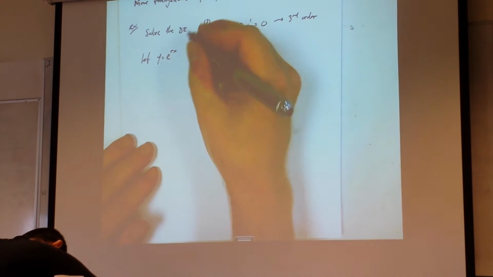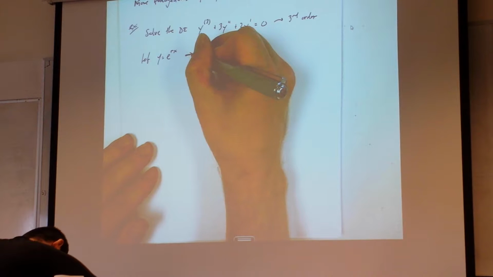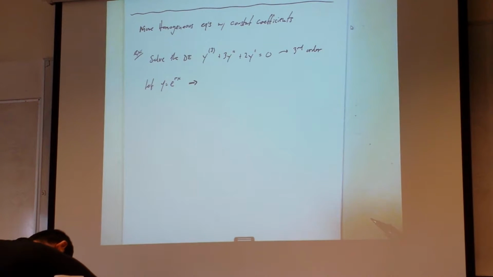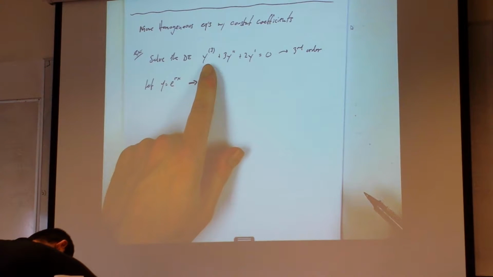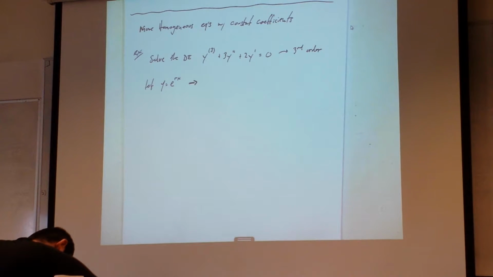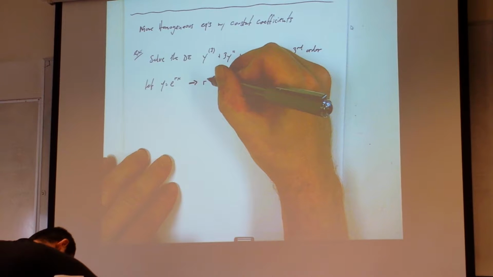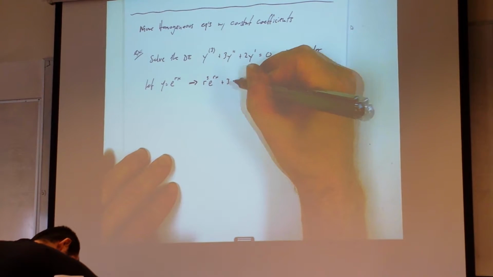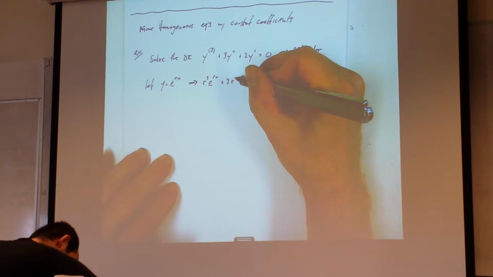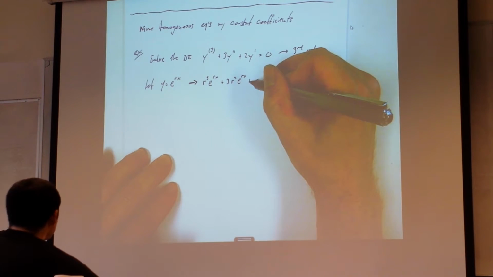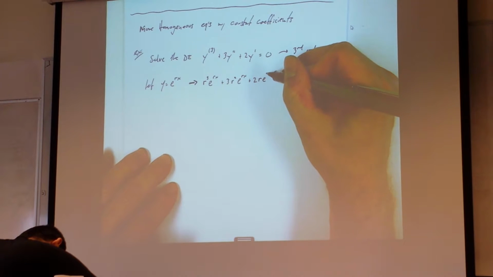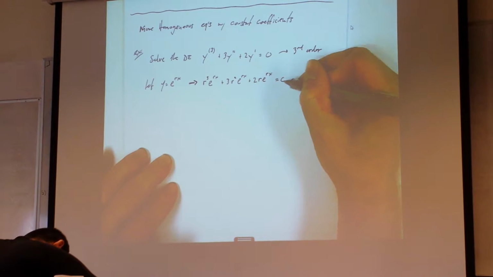All right, so let's follow that assumption. If that's the case, what's the third derivative going to look like? It's r cubed e to the rx, plus 3 times the second derivative, which is r squared e to the rx, plus 2 times y prime, which would be r e to the rx, equals 0.